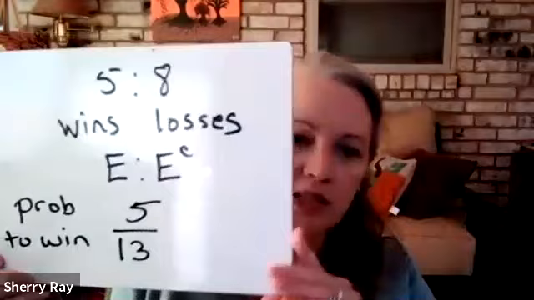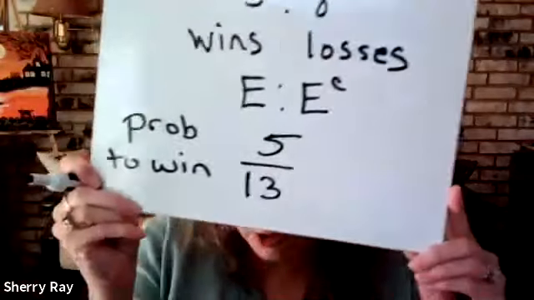If we looked at the probability of winning, that would be 5 out of 13. Now where did 13 come from? 13 is the total number of games.